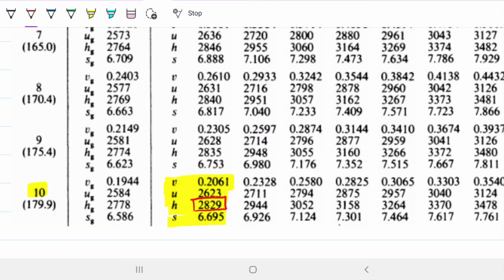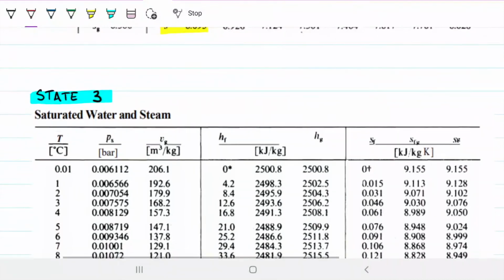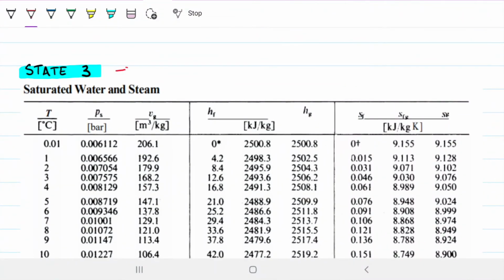What about my state 3? That's the water coming in, right? We know the water is coming in at 20 degrees Celsius. And that's what the problem says, right? We have water mixing in at 20 degrees Celsius. If we have water mixing in, there's no mixture or anything like that, then that means we can approximate the properties of water at 20 Celsius by the HF, right? The fluid. So let's look at the third state. That's the water. I have liquid water at 20 Celsius.